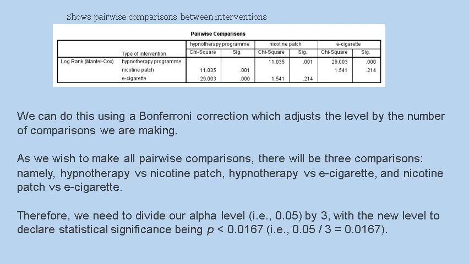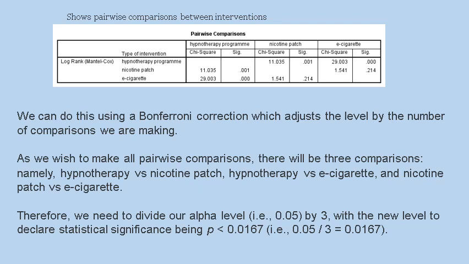Okay, nicotine patch with the e-cigarette. Here the significance value is 0.214. It is more than 0.0167. So it is not statistically significant. So here, hypnotherapy program with the nicotine patch is statistically significant. Hypnotherapy program with the e-cigarette is statistically significant.